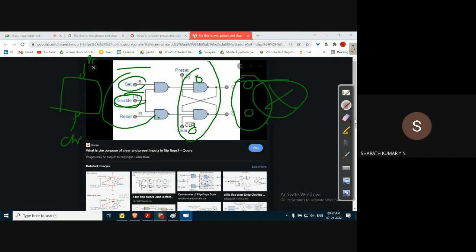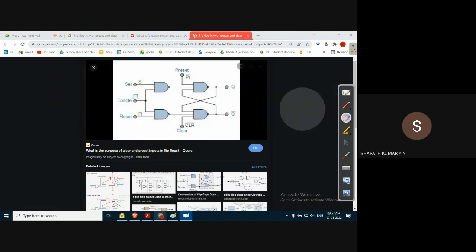So very simple: if you want to operate the flip flop as a synchronous element, preset and clear should be 1 1. If you want to set Q to 1, preset should be 0. If you want to set Q to 0 irrespective of the input condition, clear should be equal to 0. And both 0 0 corresponds to an invalid condition.